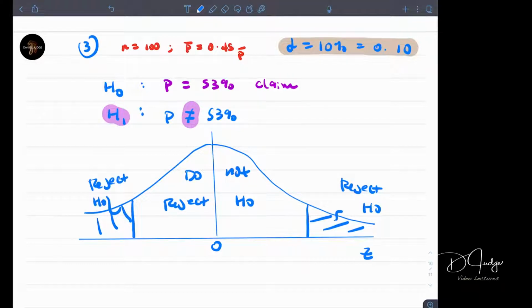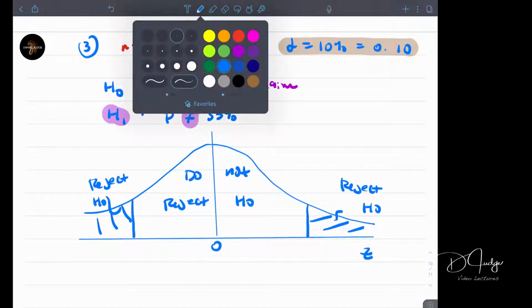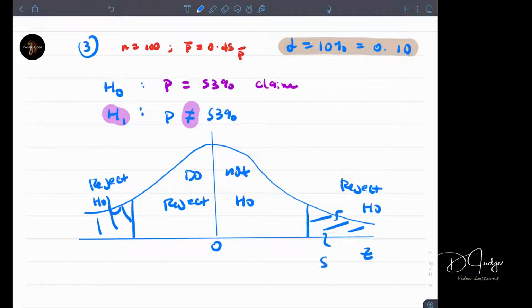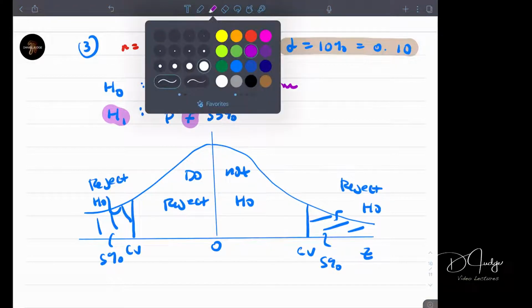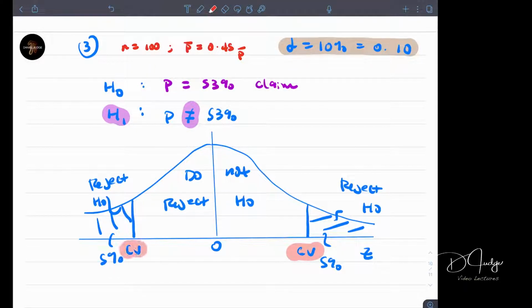Okay? Alpha's 10%. So that means 5% is in the right tail and 5% is in the left tail here. So this is my alpha. We need critical values here, ladies and gentlemen, and that's where we're going to use the inverse norm.